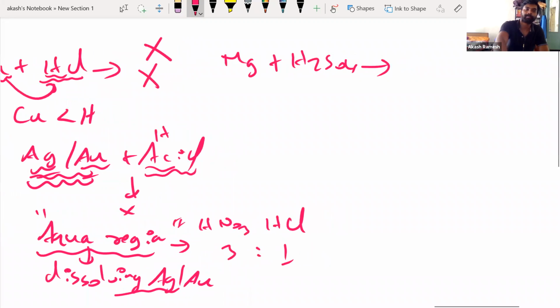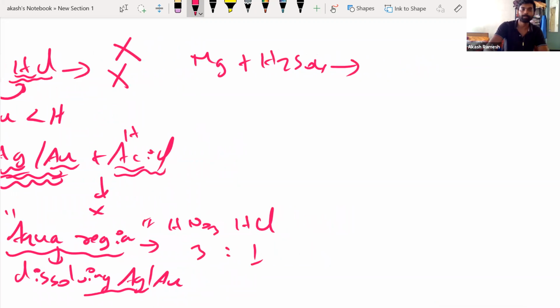What are the products? Magnesium reacting with H2SO4. MgSO4 plus H2, absolutely. Very simple. I have MgSO4 and H2 gas is liberated.